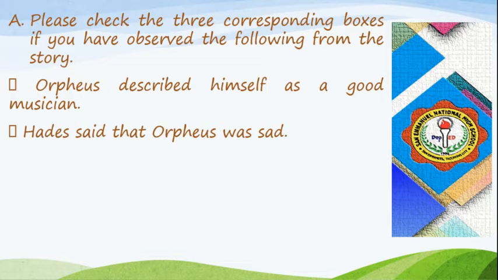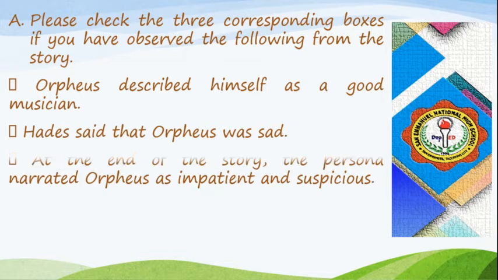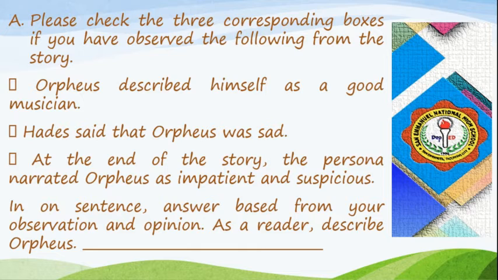Third, at the end of the story, the persona narrated Orpheus as impatient and suspicious. Just choose a box which you think is correct. So what do you think? Is this correct or not? Just tick or check.